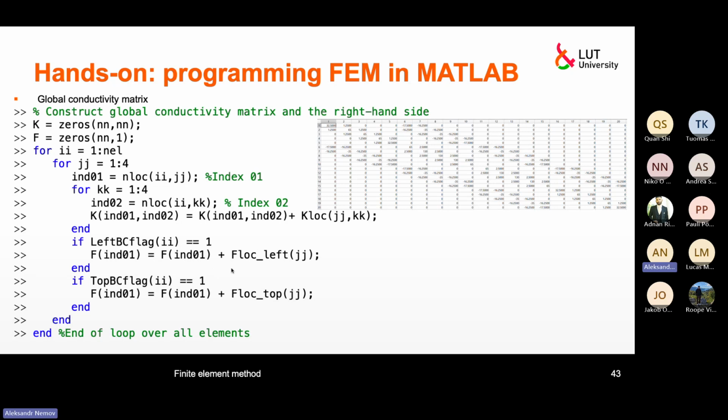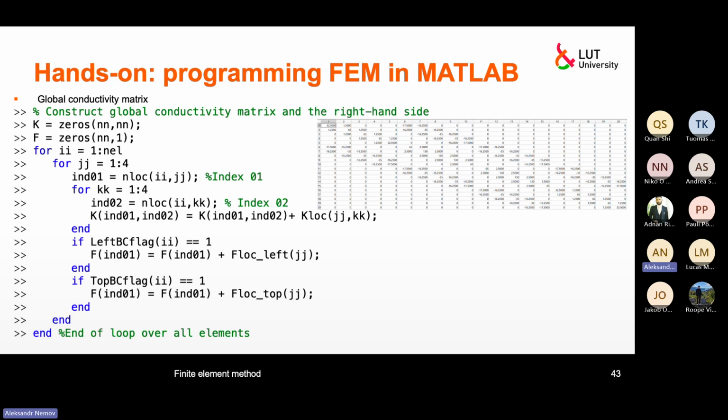So we just place it into the corresponding position, which is identified by this index int 0, 1. And index int 0, 2 we use for horizontal positioning of the fragment of the element stiffness matrix in the global stiffness matrix. So basically I use two indices, int 0, 1 and int 0, 2, for positioning vertically and horizontally the element stiffness matrix in the global stiffness matrix.